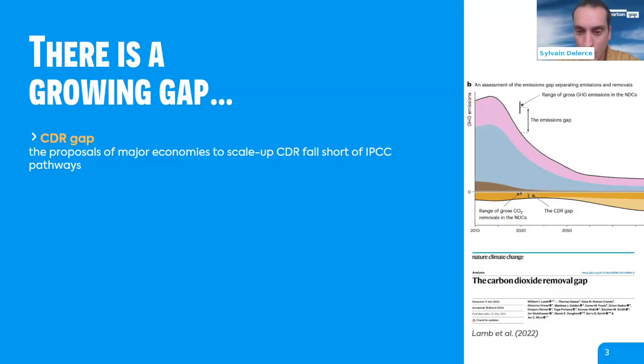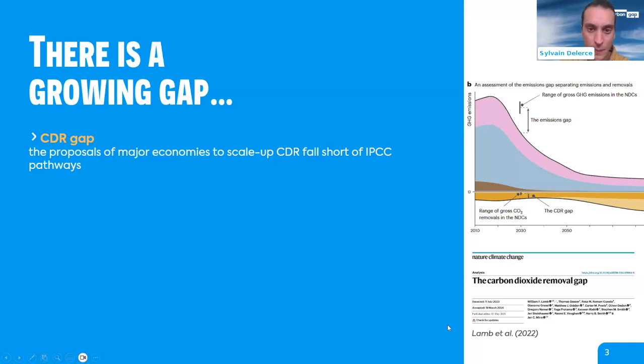In the paper published in 2022, led by William, who is with us today, there is a characterization of this CDR gap that evidences the fact that major economies are not yet planning for sufficient CDR to allow their climate strategies to actually meet the objective of the Paris Agreement.